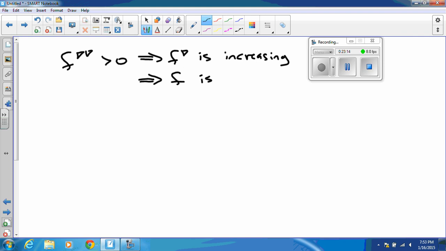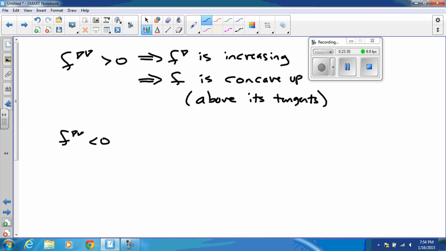We know that f prime is increasing because f double prime is the first derivative of f prime. And we know therefore that f is concave up, which means that it is above its tangents.